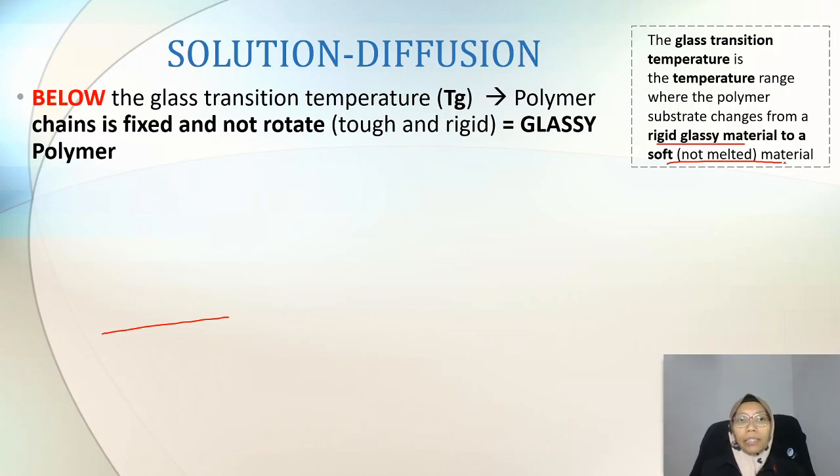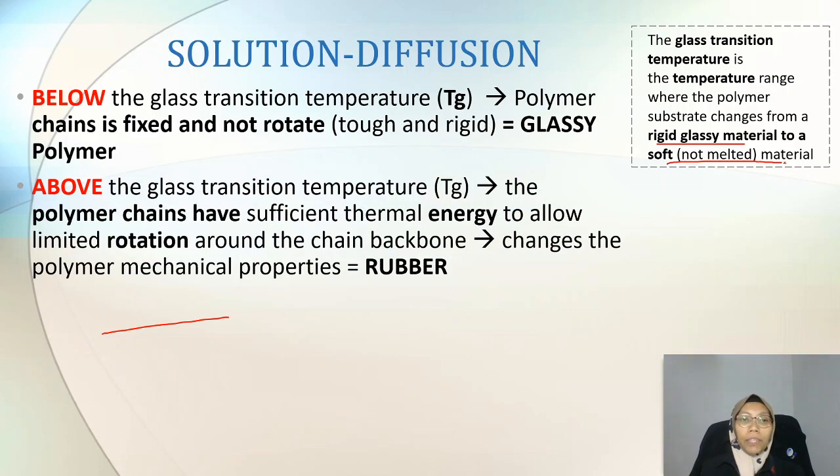If the material is below the glass transition temperature, the polymer is fixed. The polymer membrane is fixed and cannot rotate, and we call it a glassy polymer.